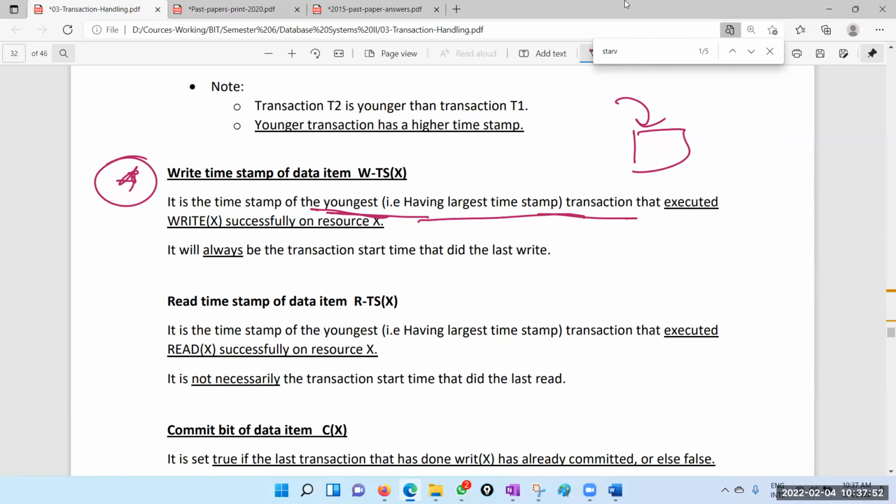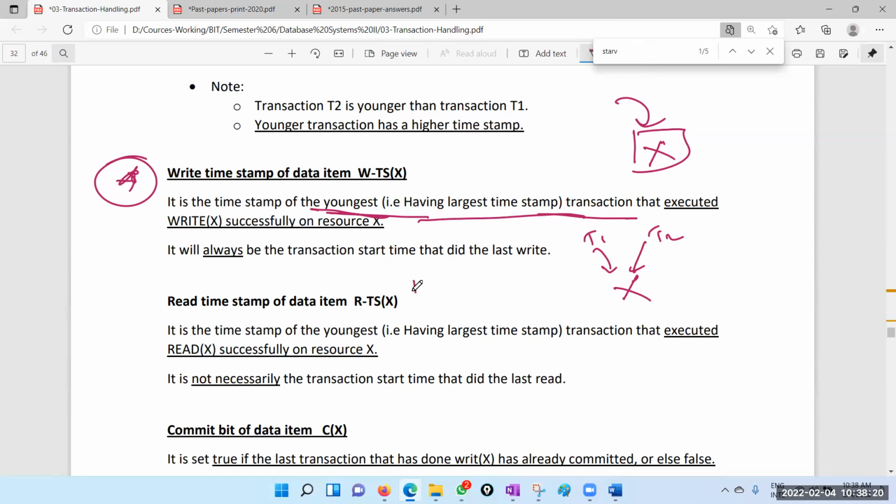So pay a lot of attention. The write timestamp of an item X is the timestamp of the youngest transaction that has done the write operation. For example, assume that this data item is written by two transactions, transaction 1 and transaction 2.